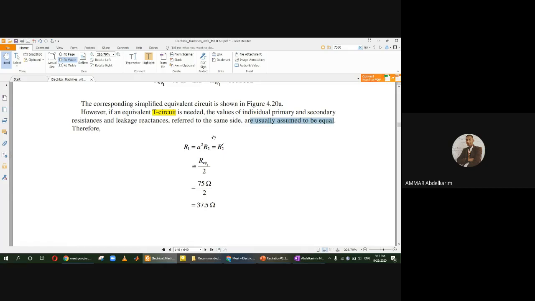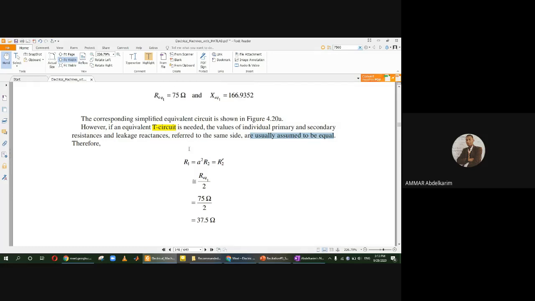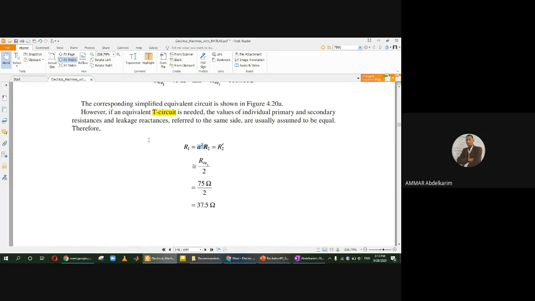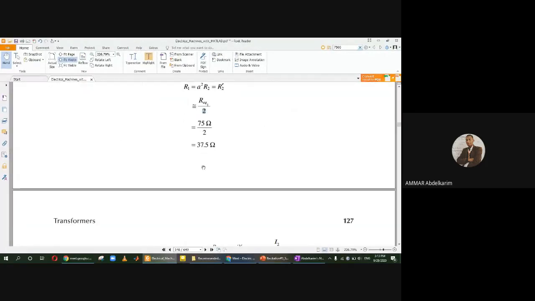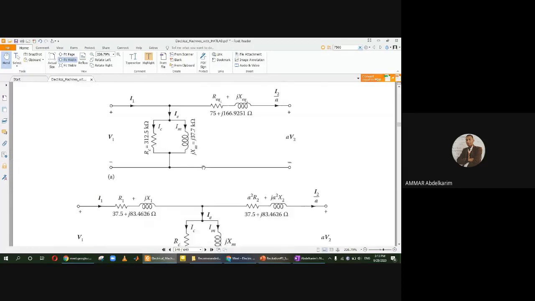So it's just an assumption. For example, we have R equivalent is 75. So R1 equals A square R2. We divide R equivalent over 2, 75 over 2, which is 37.5.